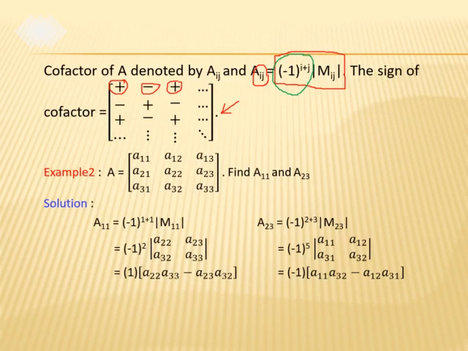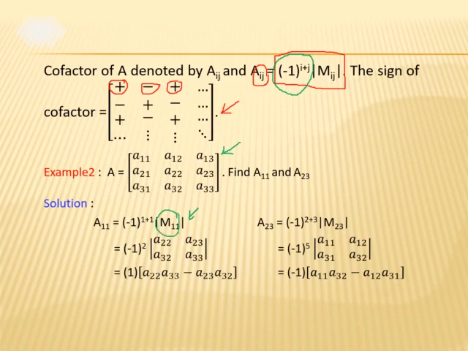A is given to you like this. This is the general A. Find A11 and A23. So for this one, we use formula. Negative 1 power 1 plus 1 and then M11. For M11, you have to remember previous minor.